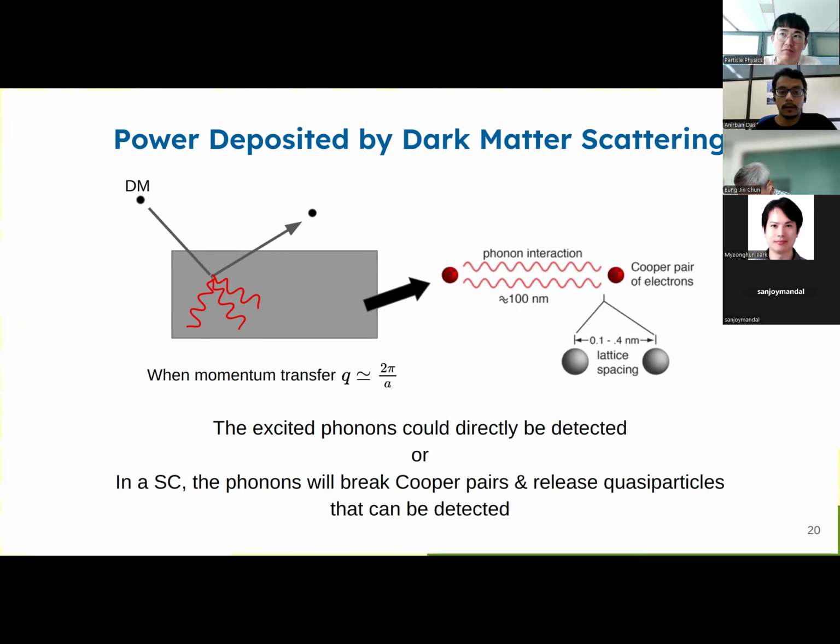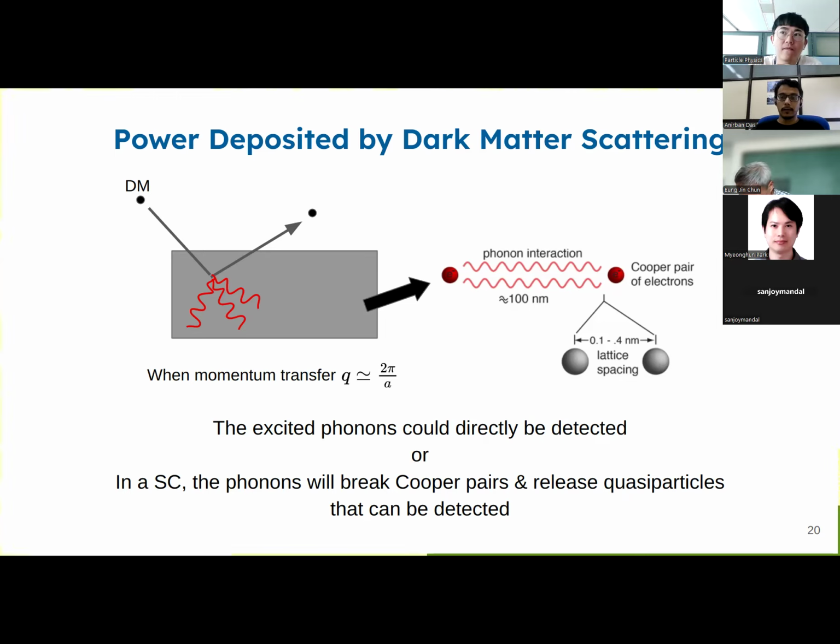On top of this, you can actually consider dark matter electron scattering, and in that case, the calculation will be different, the mechanism will be different. In that case, you have to look at the BCS state, basically the ground state of this conventional superconductor, and figure out how that scattering will disturb the ground state of the system, and what would be the quasi-particle excitation rate.